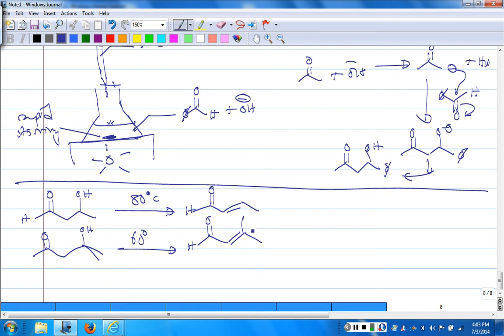Now, these R groups stabilize the aldol by induction, right? They're electron-releasing groups by induction, so they stabilize it because these carbons are electron poor. Well, suppose I make this compound, right? Carbonyl, OH, benzene ring.